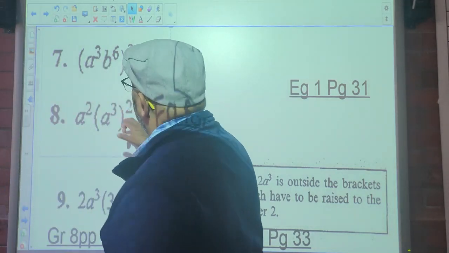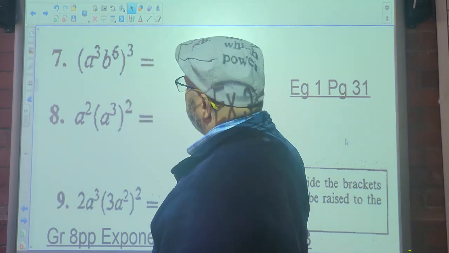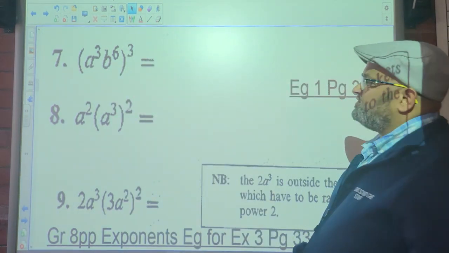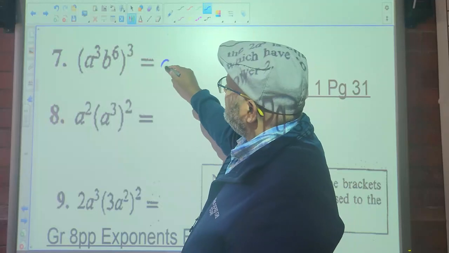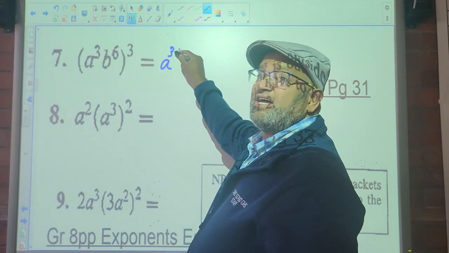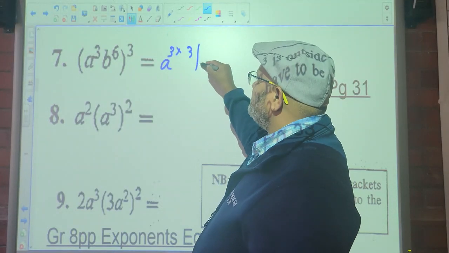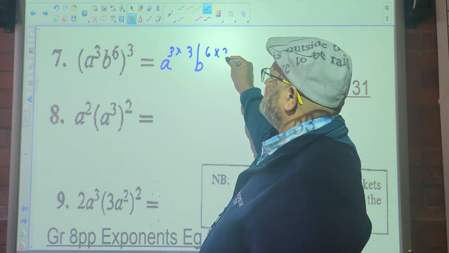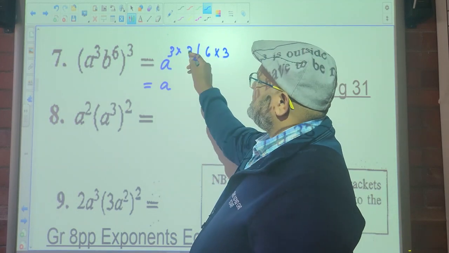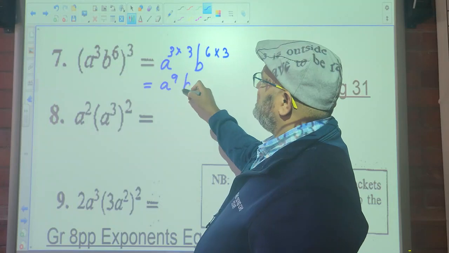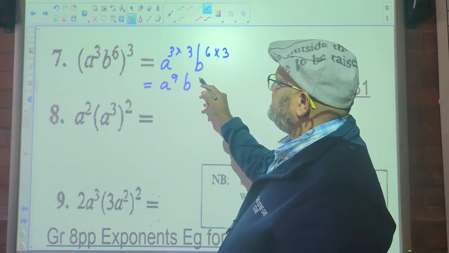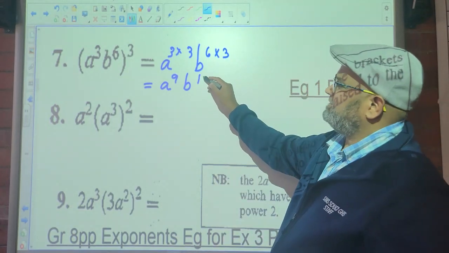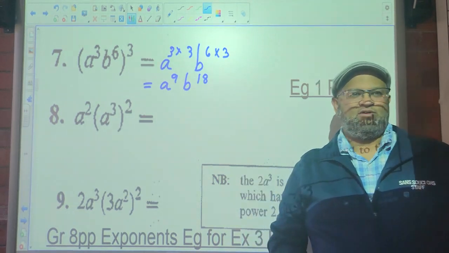So in number 7 we have a to the exponent 3, b to the exponent 6, all raised to the exponent 3. So what would that be? A to the exponent 3 times 3, b to the exponent 6 times 3. That will be a, 3 times 3 is 9, b. 3 times 6 is? You all agree with that?